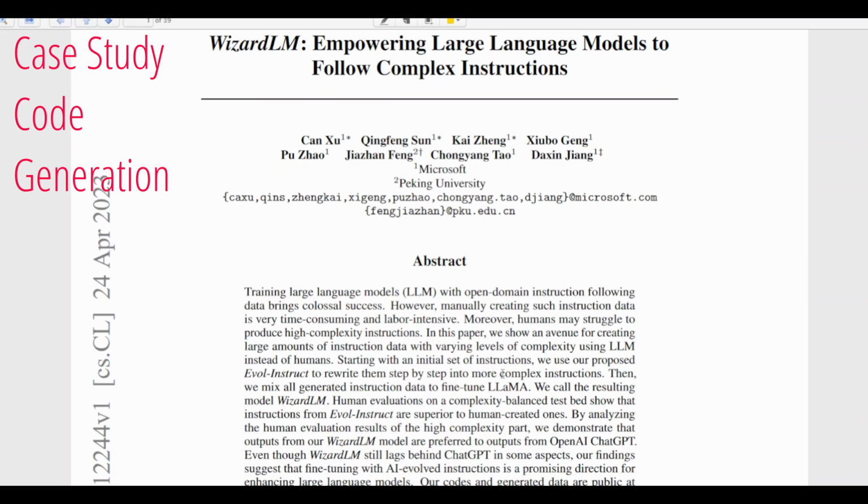And we have seen that the data created is indeed preferred by humans when it is evaluated. And we also saw that for very complex instructions, WizardLM is able to perform maybe as well and sometimes slightly better than ChatGPT for instruction complexity that is equal to or exceeding 8.